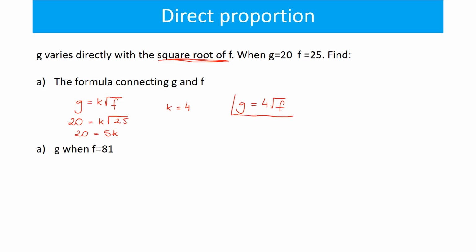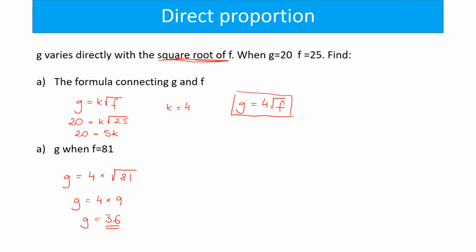This is the formula connecting g and f. Now I can use this formula to find the value of g when f is 81. So g equals 4 times square root of f, and f is 81. So g equals 4 times 9, g equals 36.